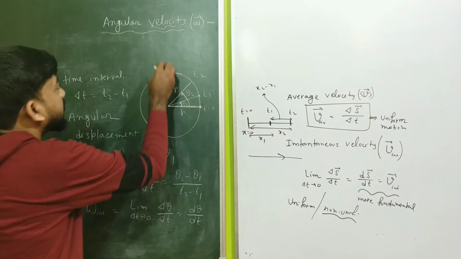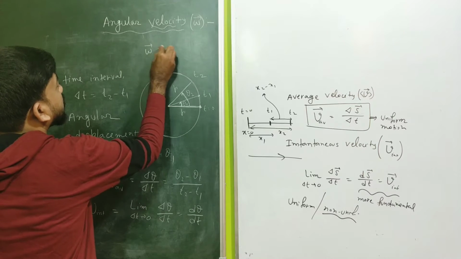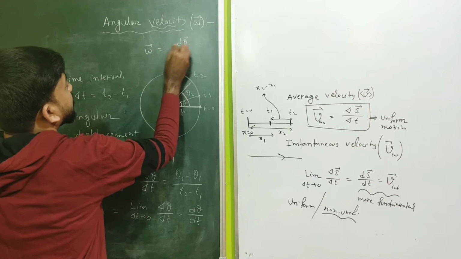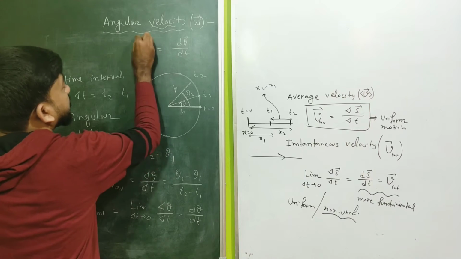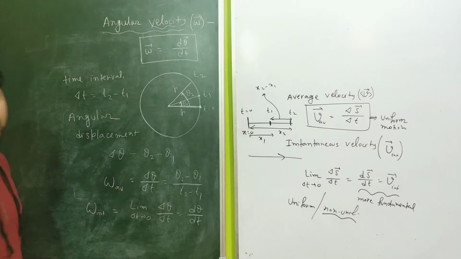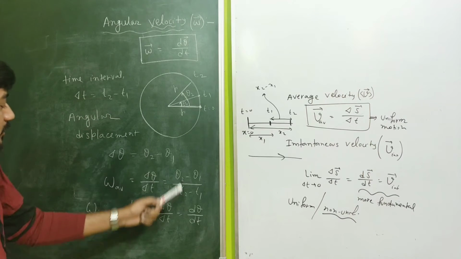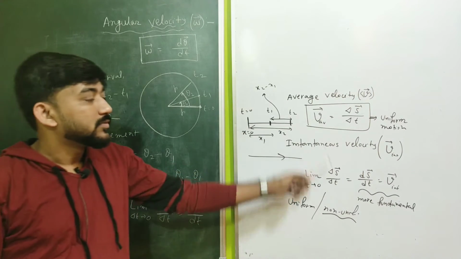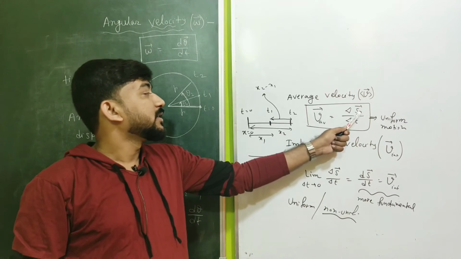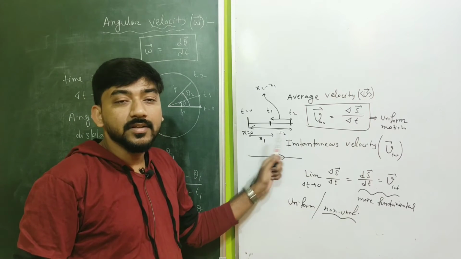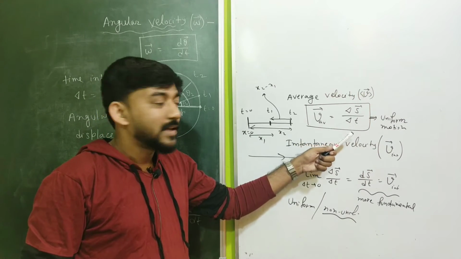So we have to write it in vector notation. So omega is nothing but d theta vector upon dt. If we define omega like this, it is more better. But you can roughly define it like this to compare with velocity. But here you know this displacement is always a vector. Maybe it is small, maybe it is large, but it is a vector quantity.